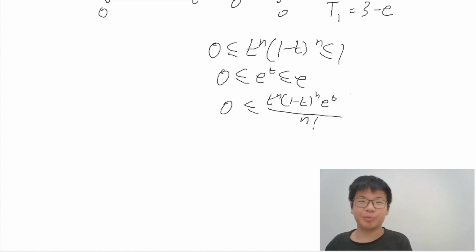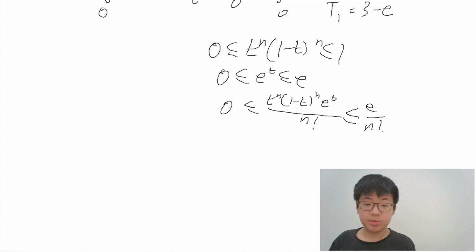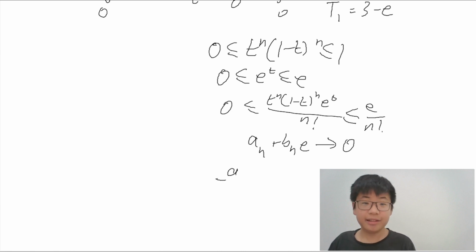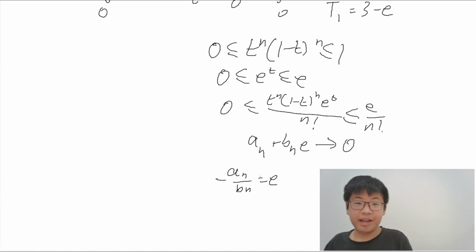You can really multiply these limits, is less than or equal to e over n factorial. So this means that 0 is less than Tn is less than e over n factorial. Therefore, an plus bn e tends to 0 as n tends to infinity, and then negating an over bn equals e. Actually not equals e, but it tends to e.